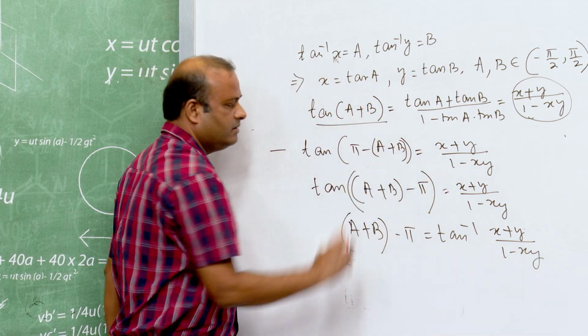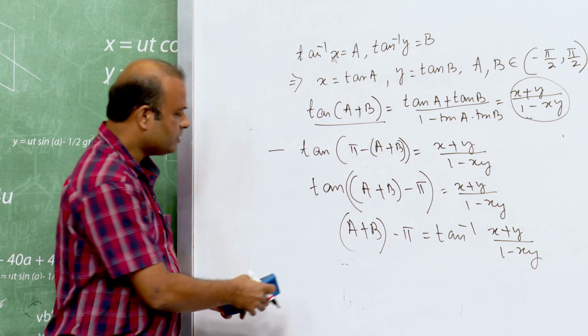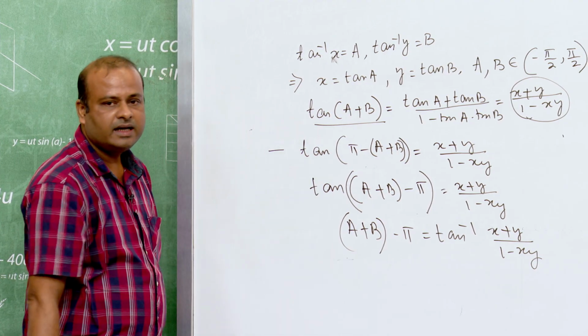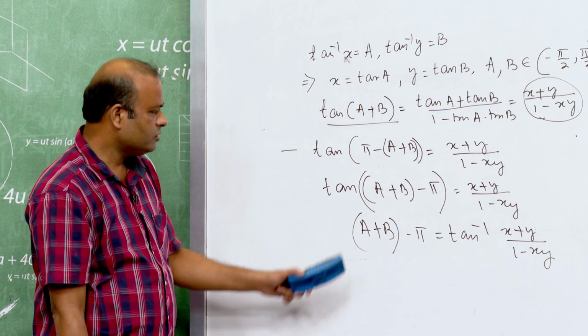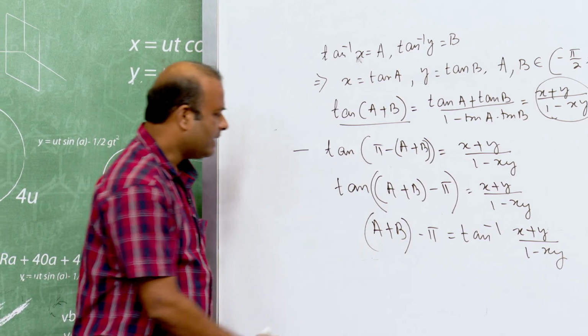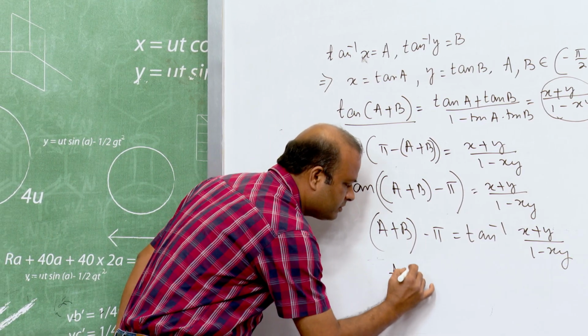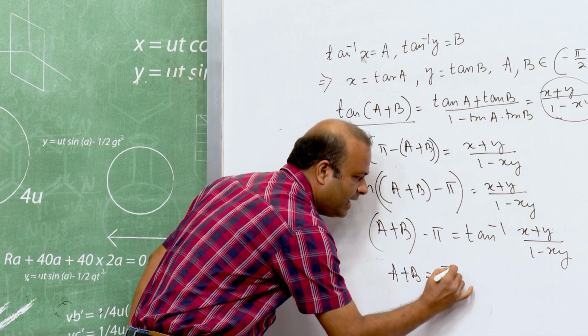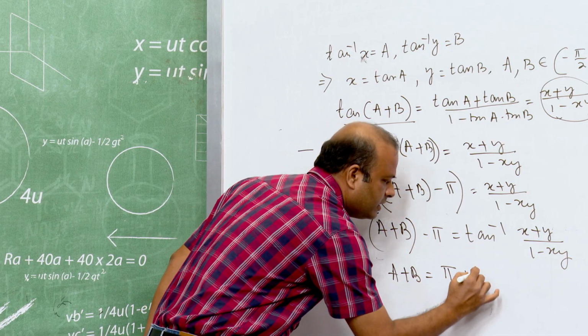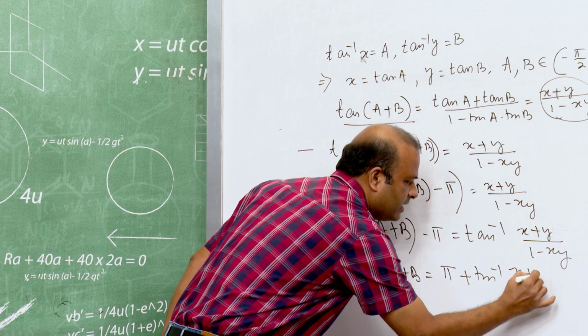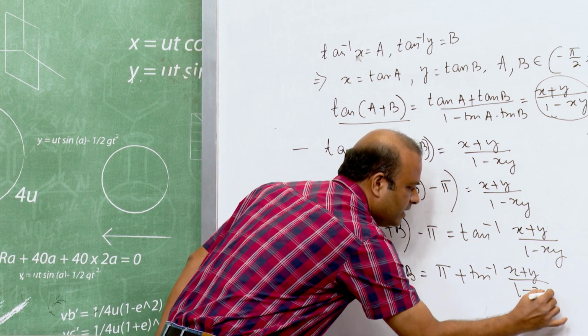Take tan inverse on that side. So A plus B minus pi is tan inverse of (x plus y) by (1 minus xy). So A plus B is equal to pi plus tan inverse of (x plus y) by (1 minus xy).